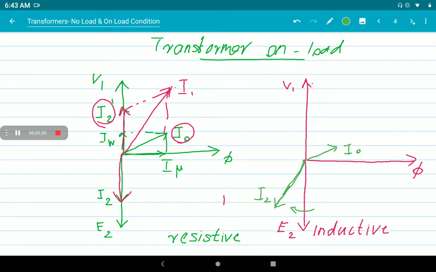Okay, now the extra current produced in our primary winding, I2 dash, will be equal and opposite to I2. So we can represent I2 dash like this. I2 dash can be represented equal and opposite to I2. Now we can find out the vector sum of these two.